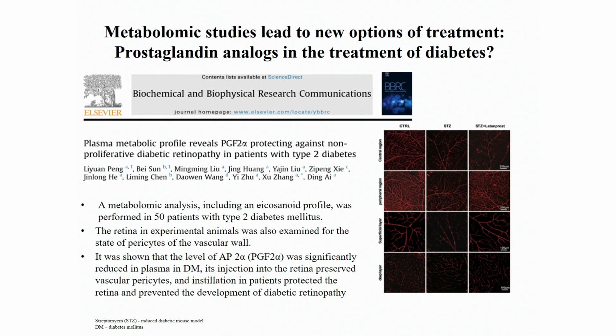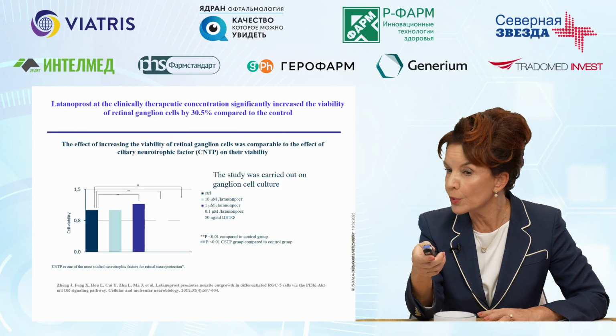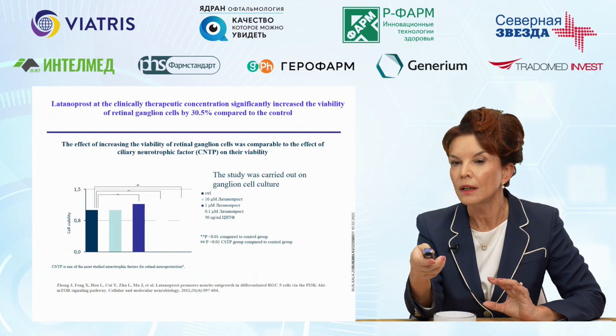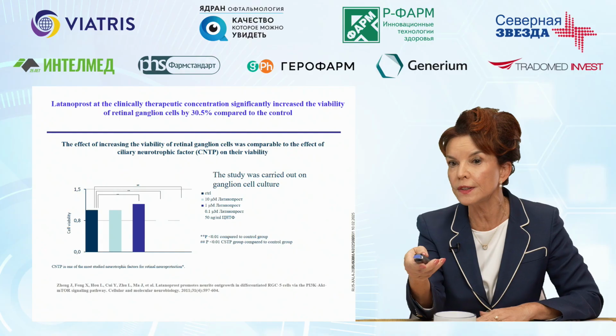So this is the global mechanism, and the hypothesis is that maybe Xalatan can be useful in treatment of retinopathy. This is just a hypothesis, but we know all too well that there are direct neuroprotective properties of latanoprost. They were shown in many experiments.